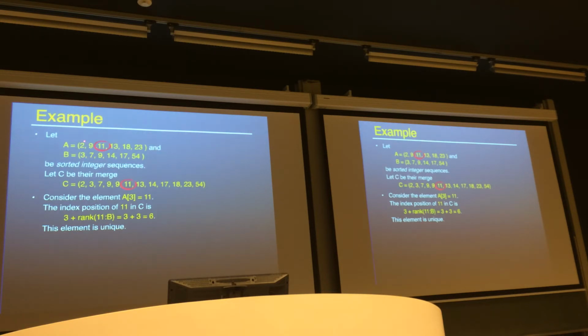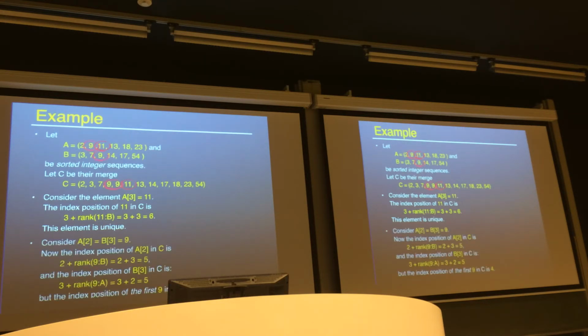If you take the merge, then the first position at which 11 should occur is 6. So this is okay. Of course, 11 occurs uniquely in both A and B, so we should not have a problem.